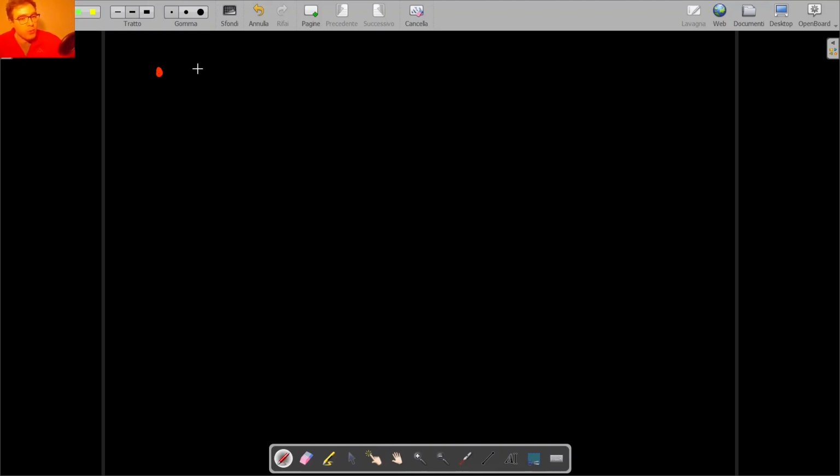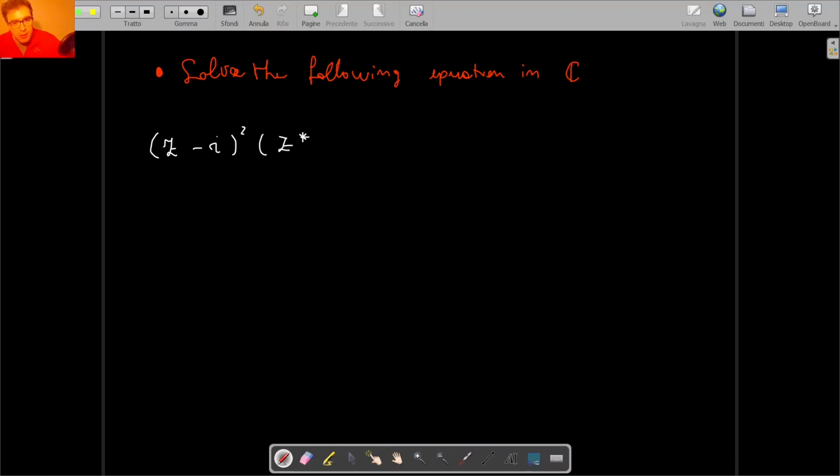As we have anticipated, we want to solve the following equation in C. We have (z minus i) squared times (z star plus i) equal to 9z minus 9i.